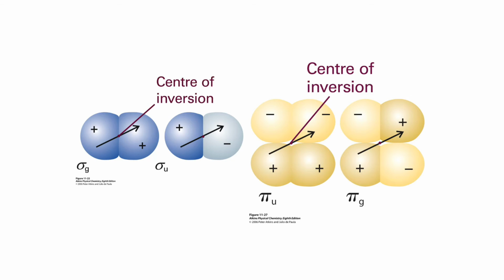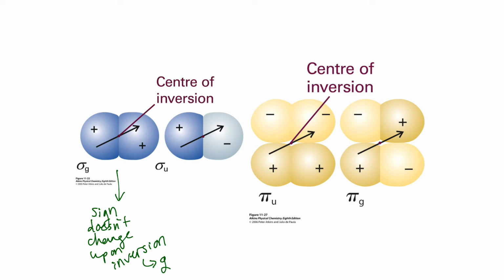If the sign does not change, then you have that G, or that symmetric label. So here the sign doesn't change upon inversion, so that means you get the G, symmetric.